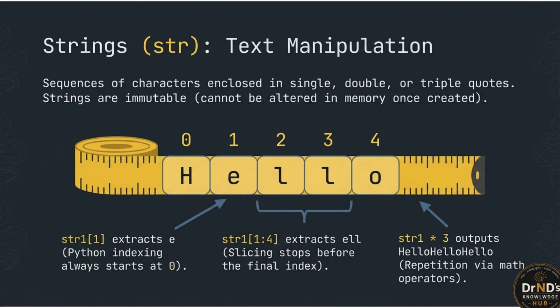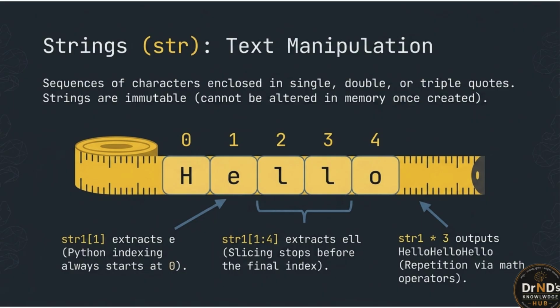A string is simply a sequence of characters enclosed within quotation marks. These quotation marks can be single quotes, double quotes, or even triple quotes. Python doesn't care. For example, name is equal to, inside quotation marks, Naresh.